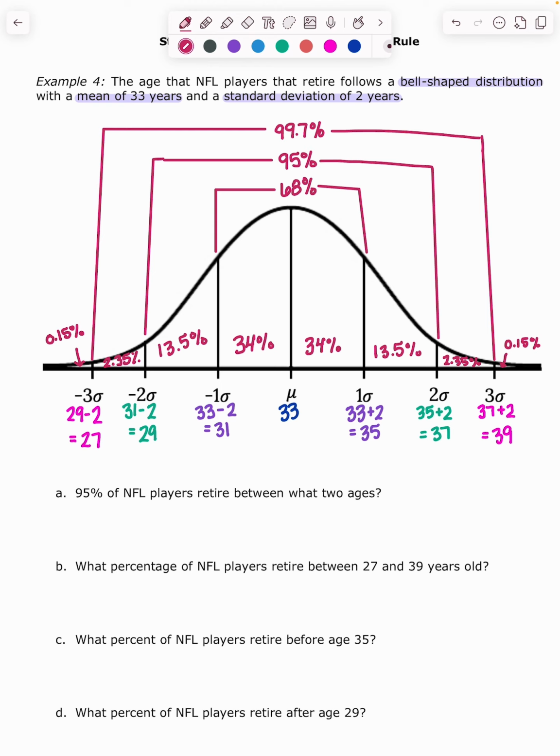So now I want to look at the questions that need to be answered regarding this scenario. The first question says, 95% of NFL players retire between what two ages? So 95% is this middle section, and it extends from 2 below to 2 above.